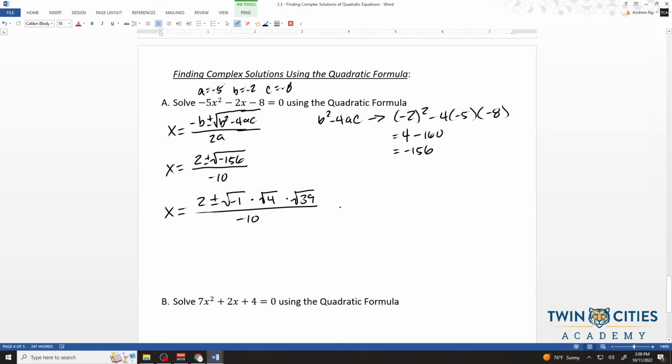All right, what does this give us? X equals 2 plus or minus, let's do the square root of 4 first. That's 2. The square root of negative 1 I recognize as our imaginary unit i, and I'm left with the square root of 39. And this is still all over negative 10.